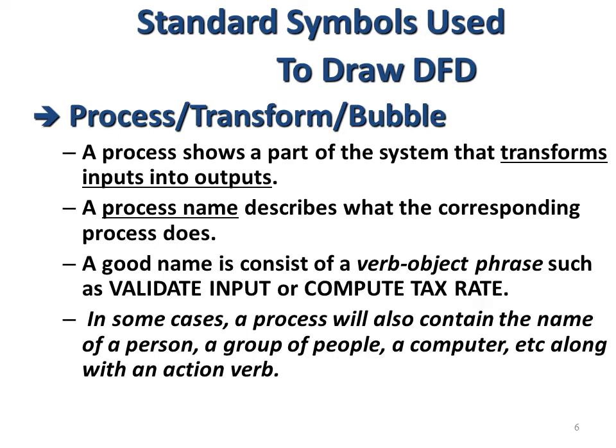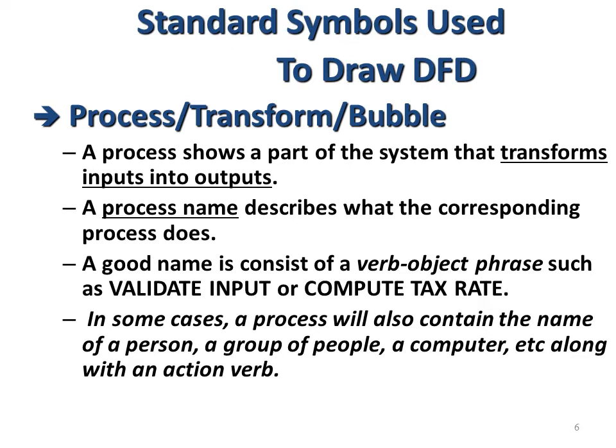This slide shows the standard symbols we use. The process or transform we use as a bubble, and this process is used to transform input to output, and the name of the process should be a verb, because it's a process.